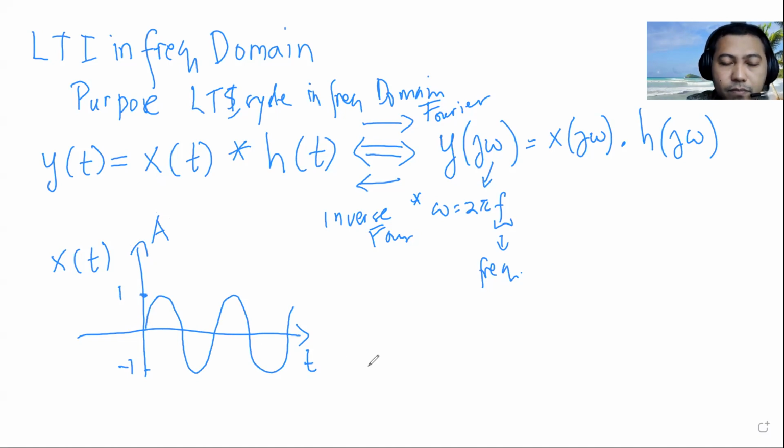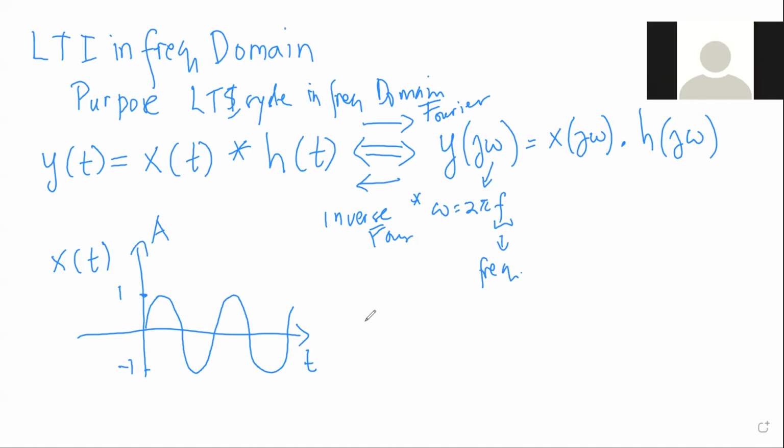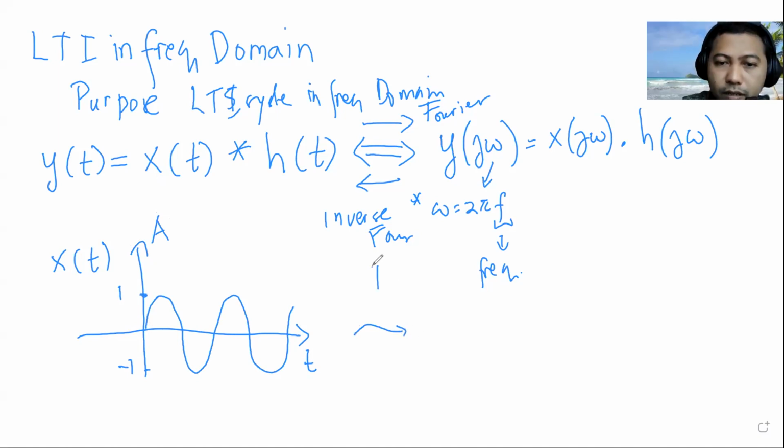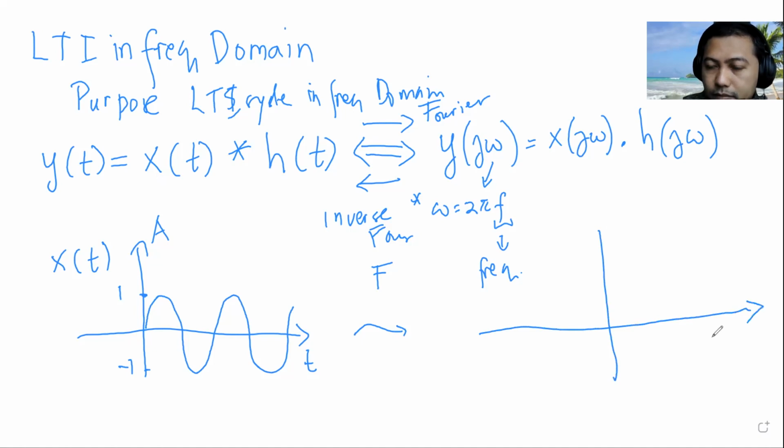And then when we transform using Fourier into the frequency domain, we can draw it like this. So this is actually the frequency component, and this is the magnitude.